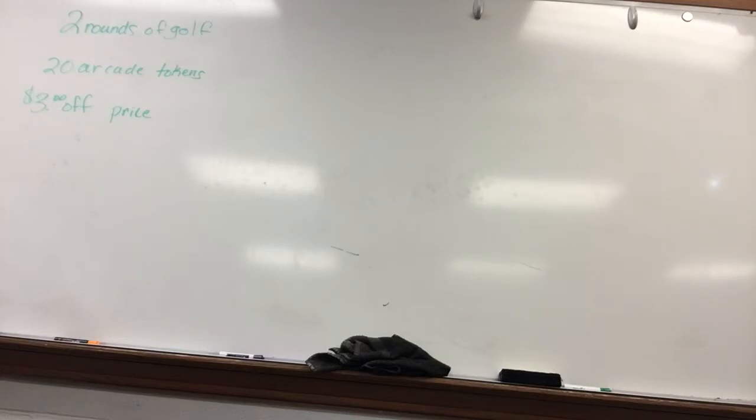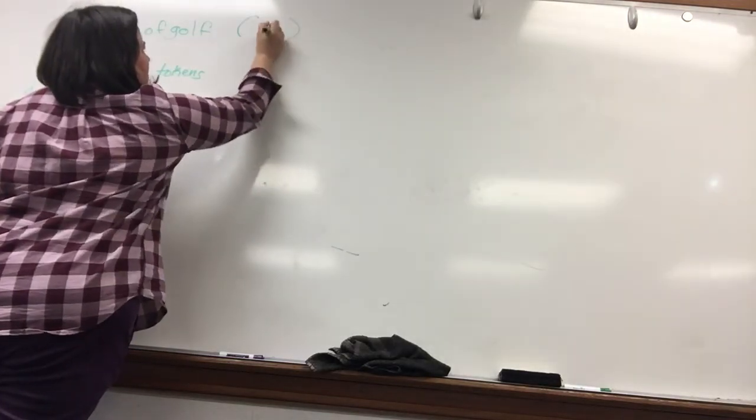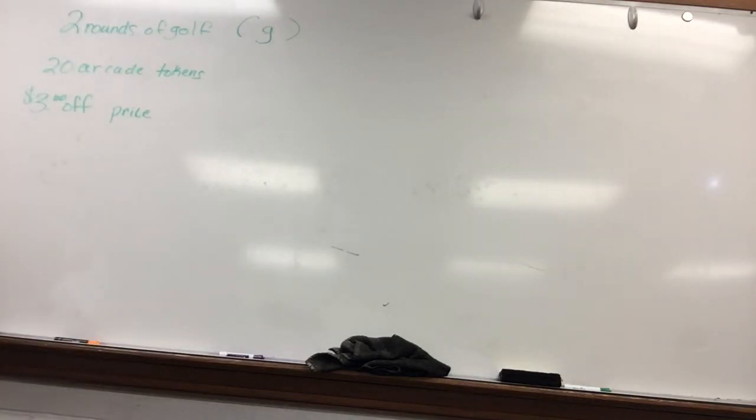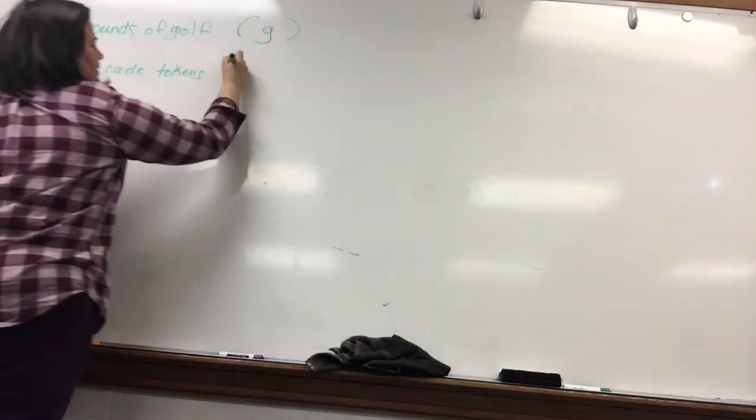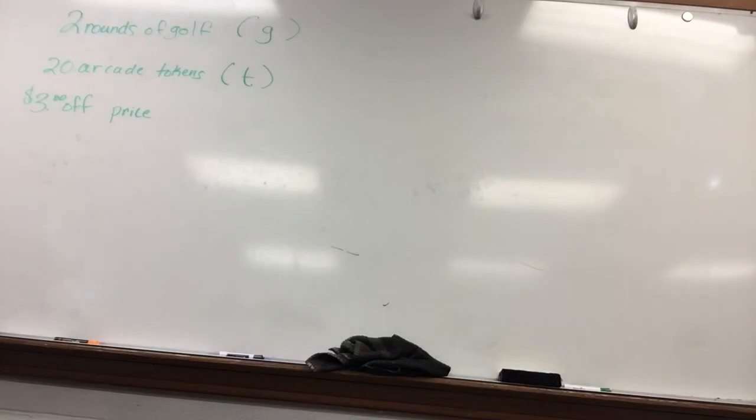What other information did we have? John? Let G represent the cost of a round of golf. Okay, so we're going to have G represents the round of golf. What else, Trevor? T represents the cost of a token. Okay, so T represents the cost of a token. I'd be getting this down if you don't already have this information written down.